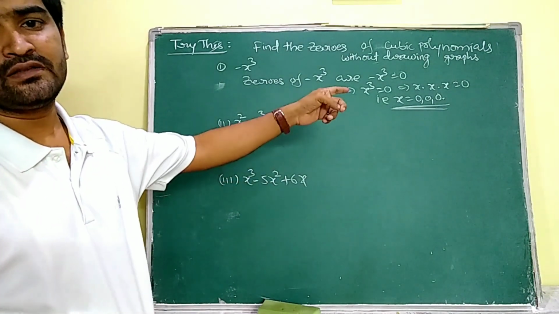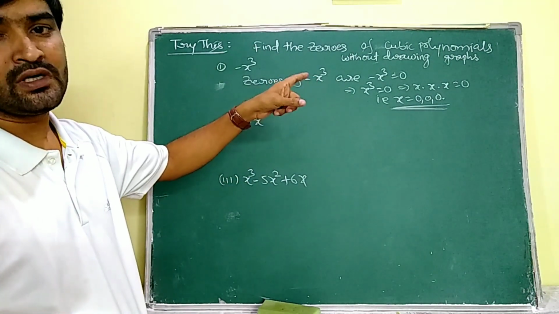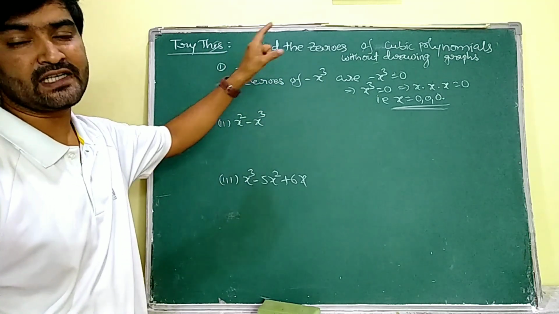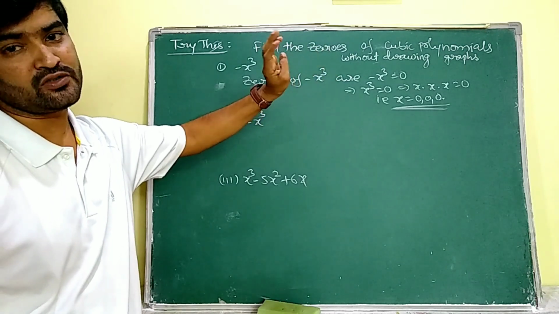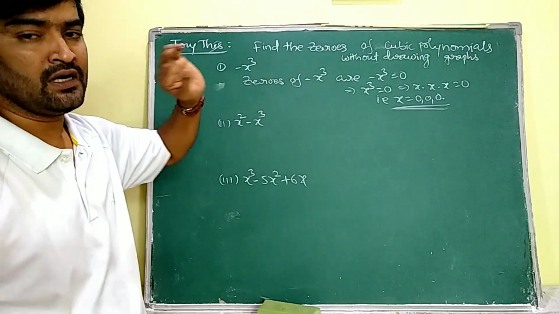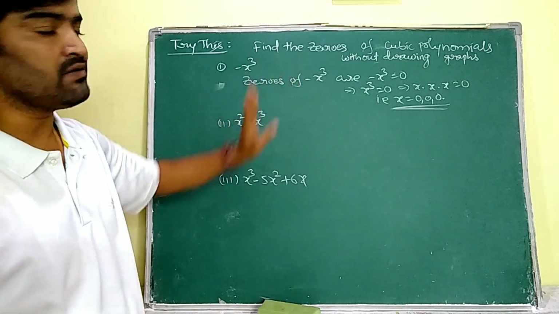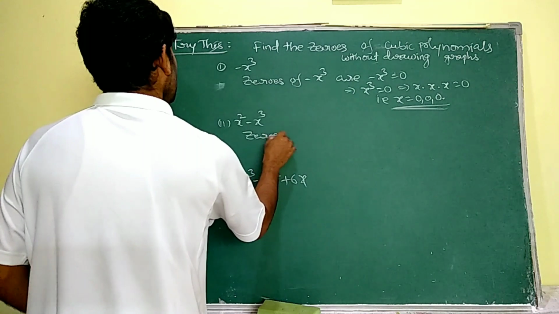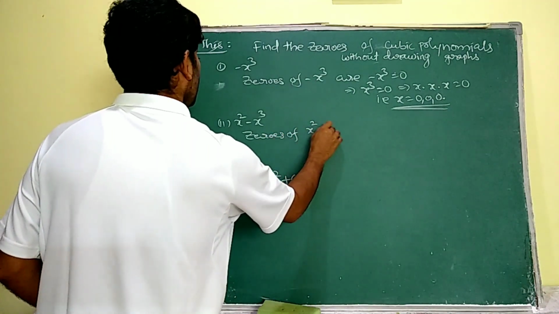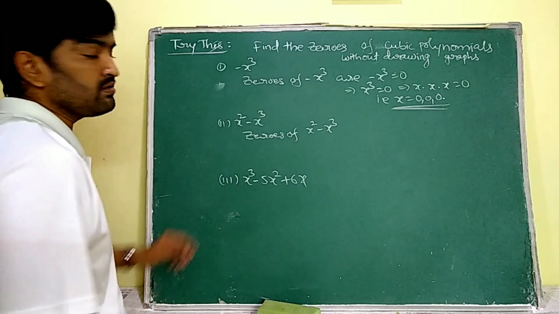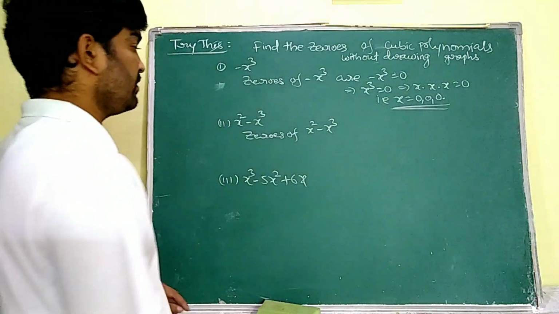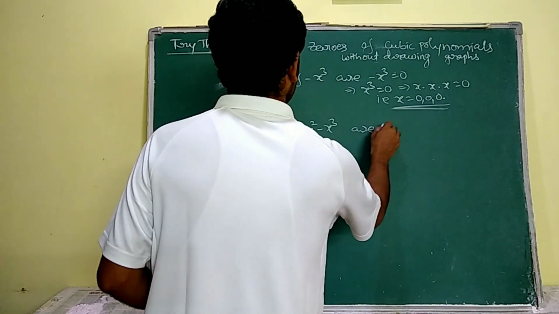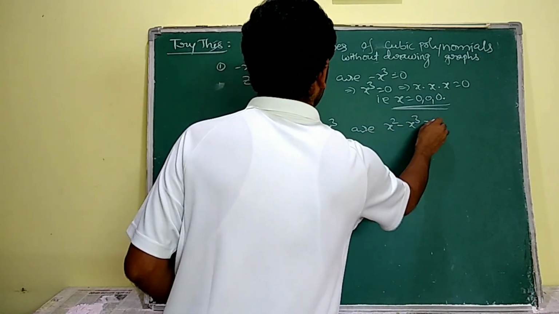Those are 0 only. If I want to write the zeros of this x cube, it has three equal zeros, those are 0, 0, 0. By number it is having 1 zero. Now zeros of x square minus x cube. Its degree is 3, so it is going to have 3 zeros. x square minus x cube is equal to 0.